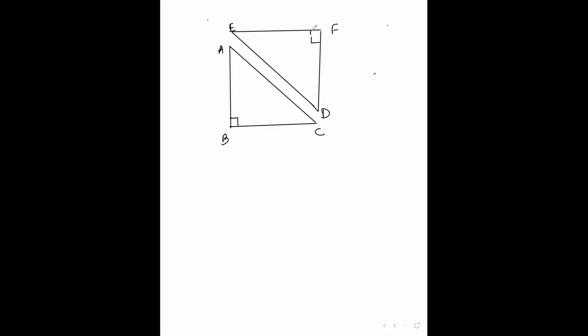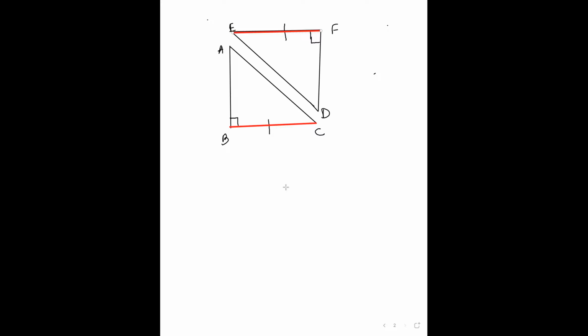So this is 90, this is 90. You know that one side is equal to another side. Let me color them. That'll be easier for you to understand. This side is equal to this side. And the other side isn't given.